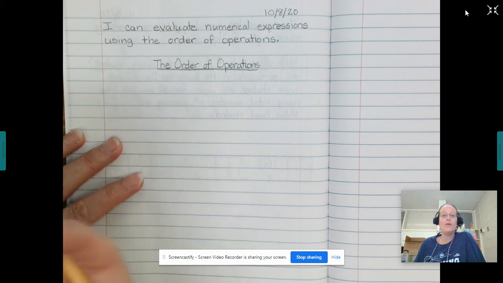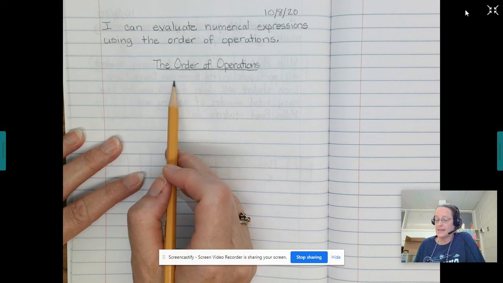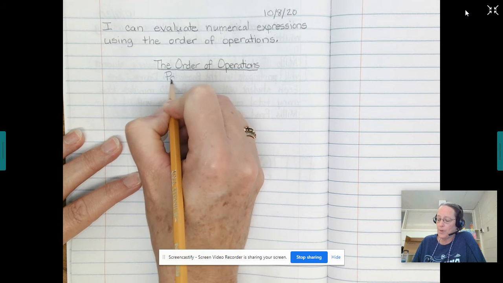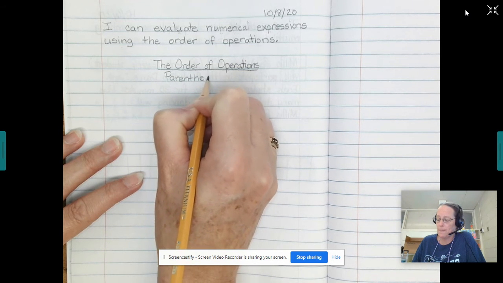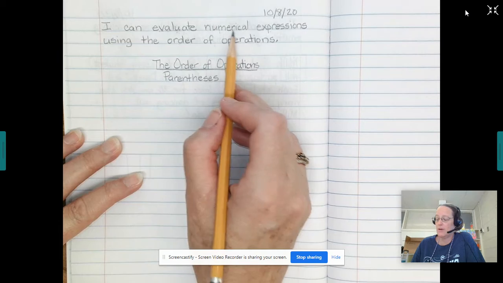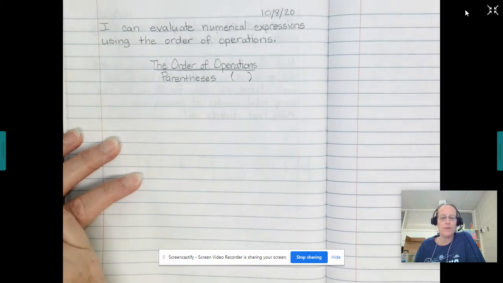What is the order of operations? Well, the order of operations says that I have to solve whatever is in parentheses first. Whatever is in parentheses, I need to solve that first in the numerical expression. So I put a little symbol there that helps me remember that.